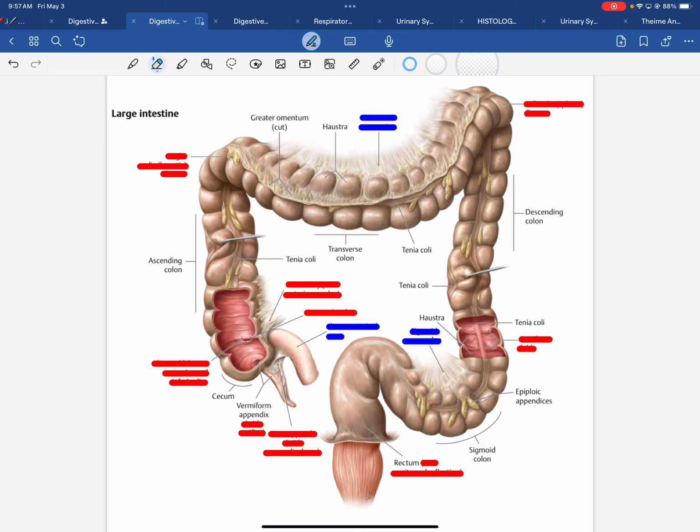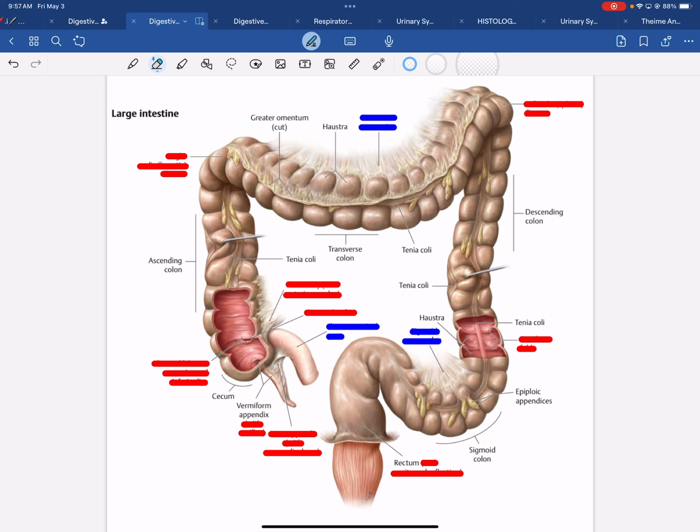Are the haustra a functional unit of the large intestine? I don't know what their function is. I don't recall actually. It's not a clear function. It's something like helping to compact the feces, something like that.